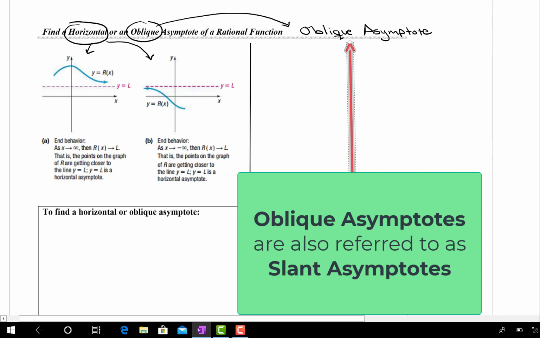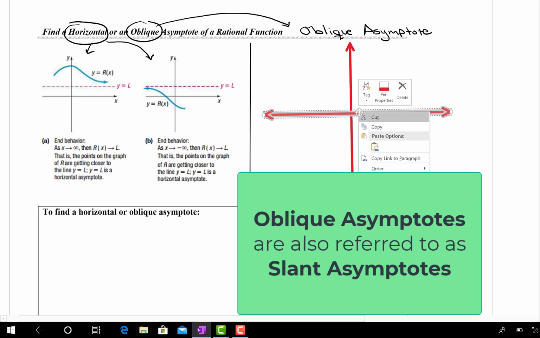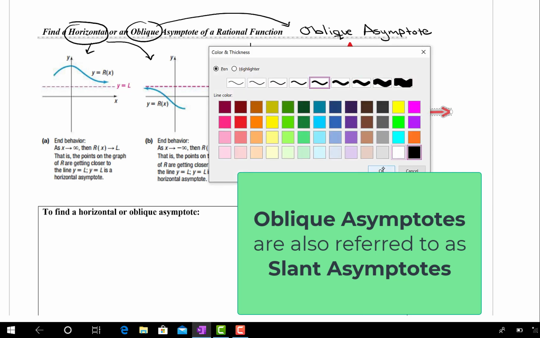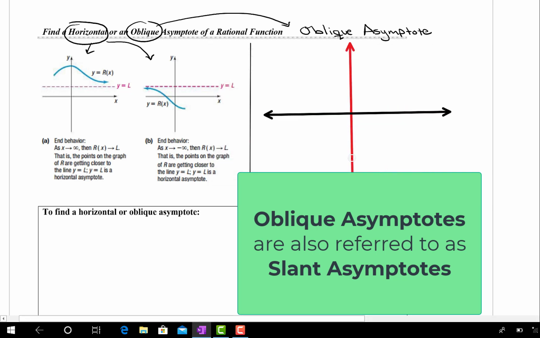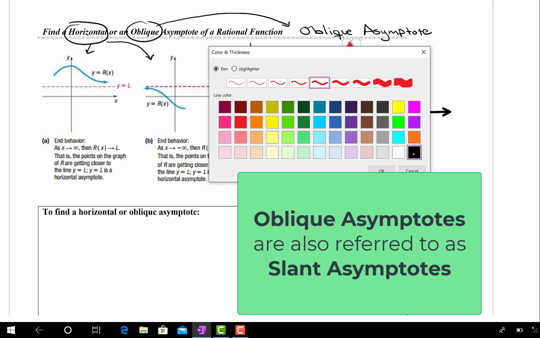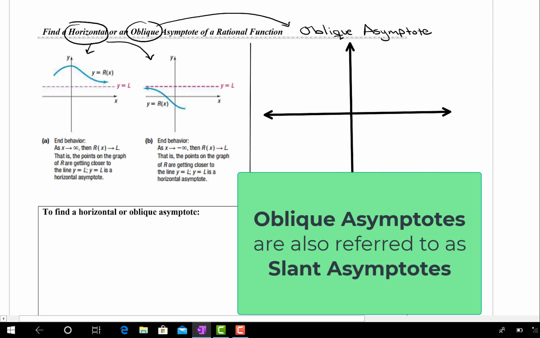Kind of like a slanted line, maybe? It's basically a line that's got some tilt, some slope to it. It's not perfectly horizontal, or perfectly vertical. So it'd be one of those other types of lines, a line that is not vertical and not horizontal.